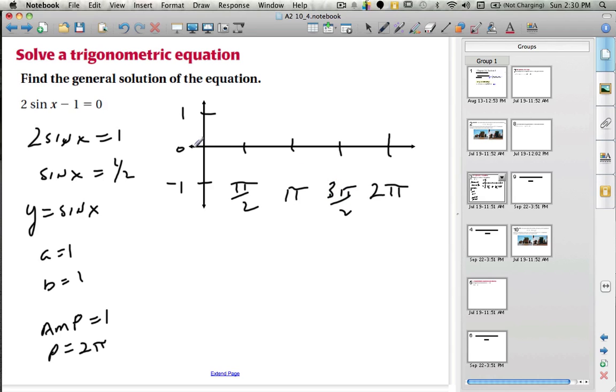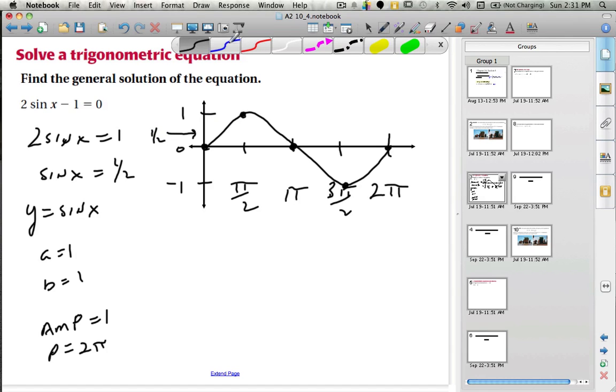We want to find where 1/2 exists. If I graph this, I start at 0, then go to the upper amplitude, back to the midpoint, then the lower amplitude, and this is what my graph looks like. What I'm looking for is 1/2.